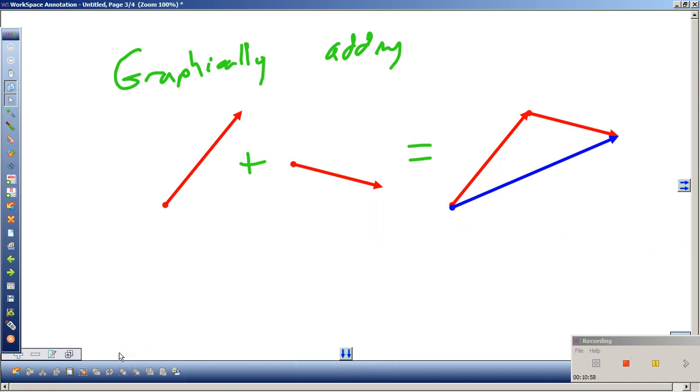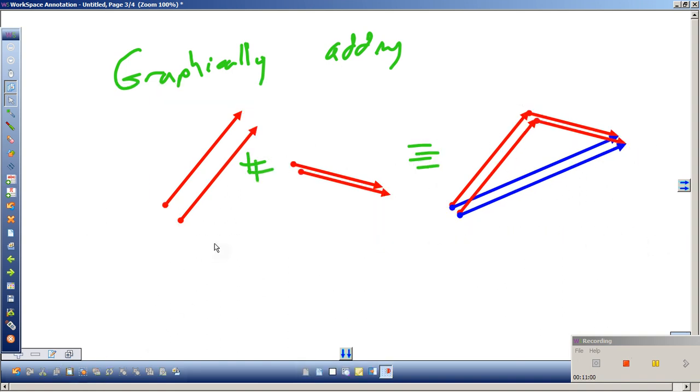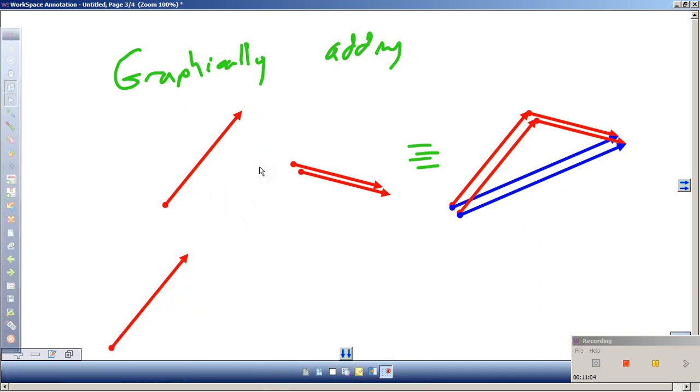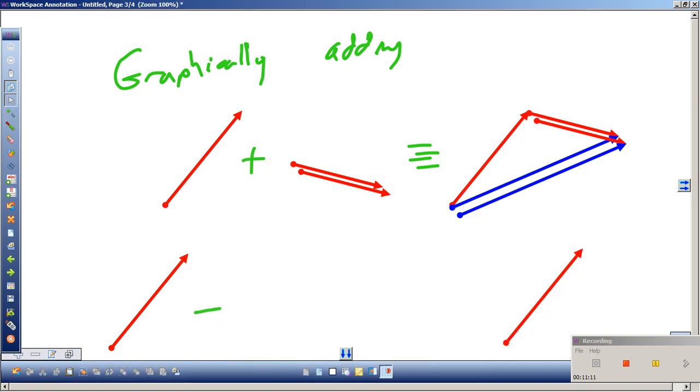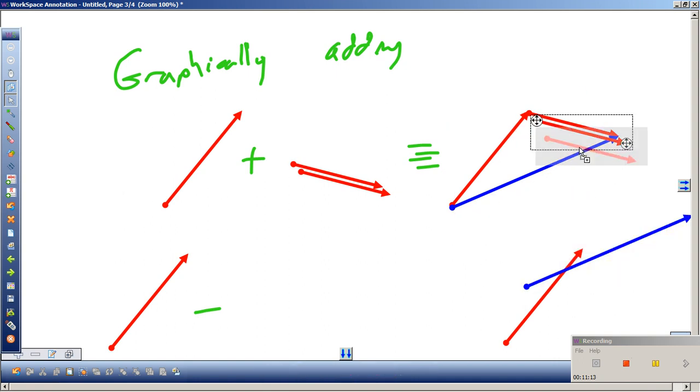Let's copy everything here. Paste it. So this time, instead of adding, we're going to subtract. The answer would be the blue one over here.